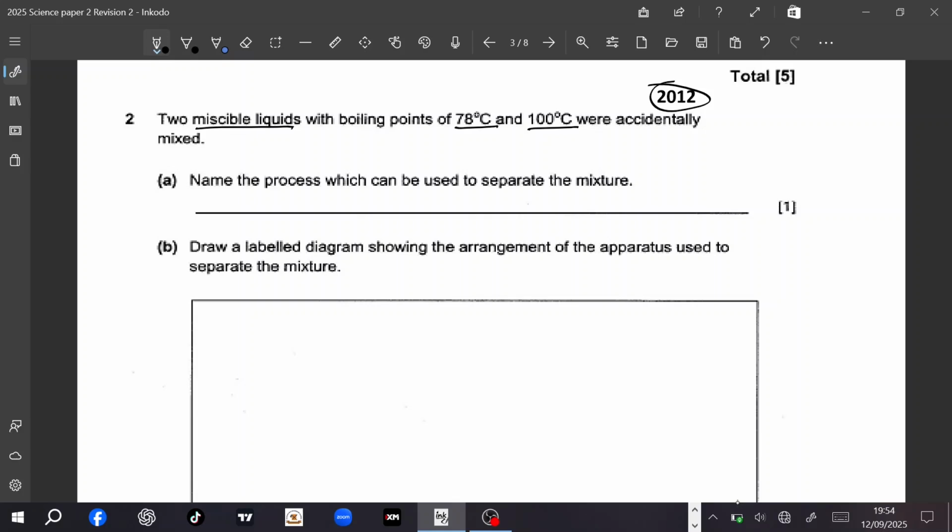These can mix with each other uniformly. So when these mix uniformly, they are saying, A, name the process which can be used to separate the mixture. It is fractional distillation.